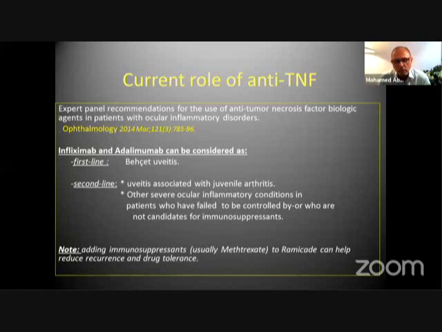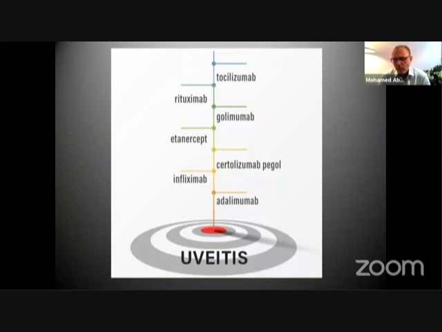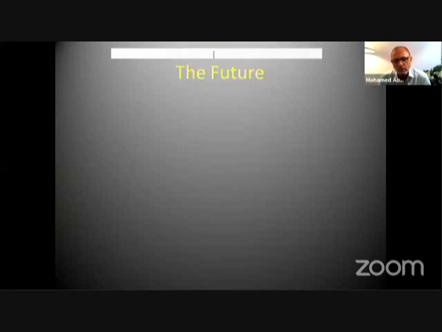We should note that we very often add methotrexate and steroids to the anti-TNF therapy. The reason why we're using this is that it reaches the target of inhibiting uveitis without a lot of collateral damage, without a lot of side effects.